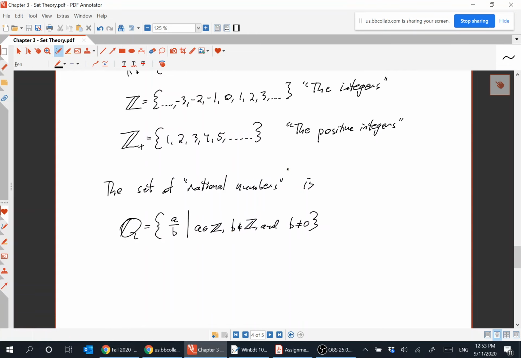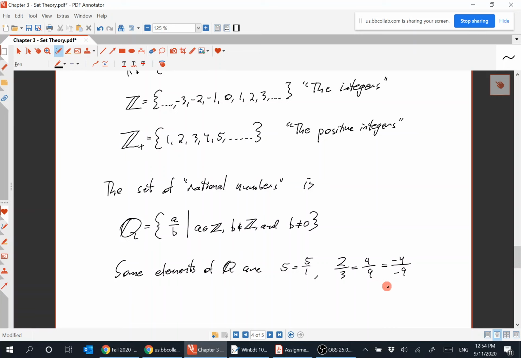So here we also have multiple descriptions of the same element. Some elements of Q are, well, 5 is in Q because it's 5 over 1. 2/3 is in Q, but 2/3 is also equal to 4/6, and is also equal to -4 over -6.